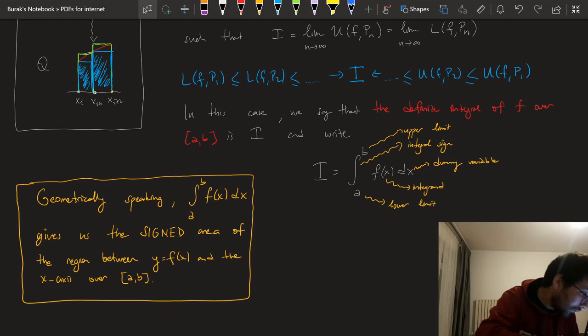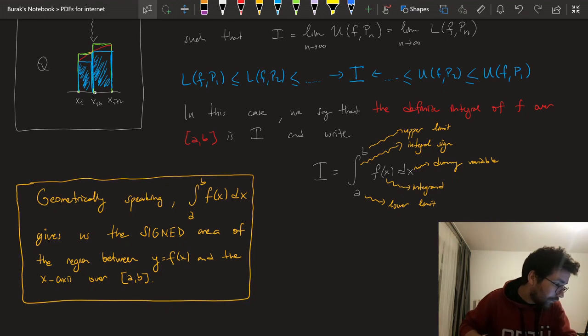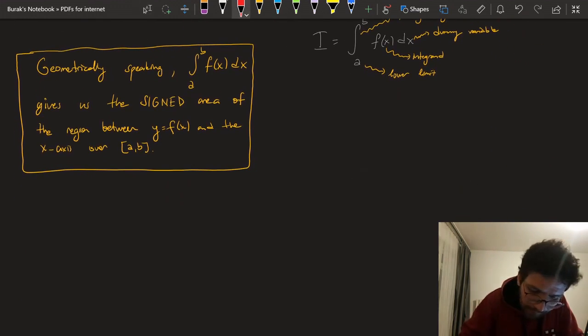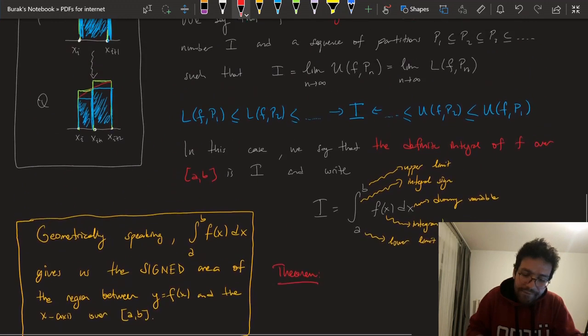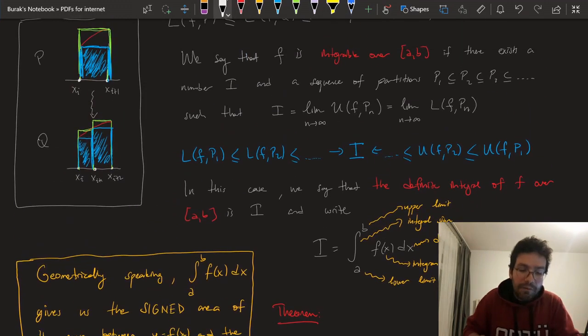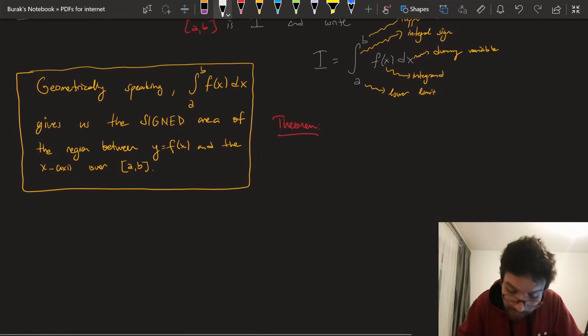Okay. Now, here's a fact that I am not going to prove. Fact, or maybe I should say theorem. I defined what it means for a function to be integrable, but which functions are integrable?